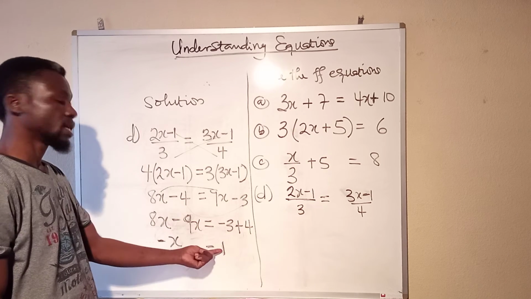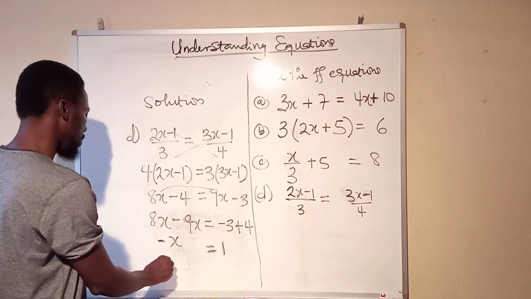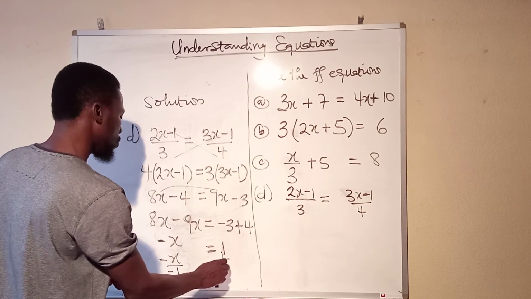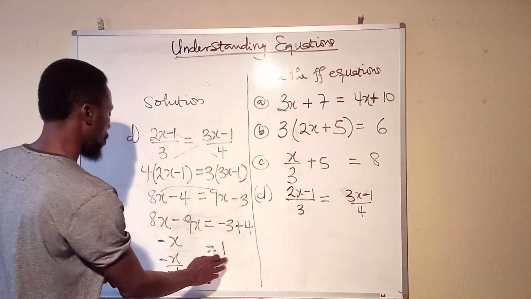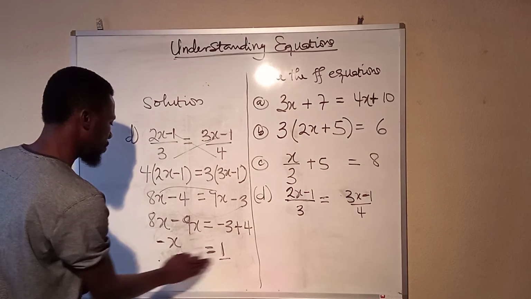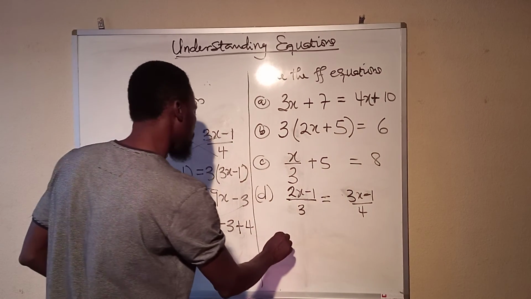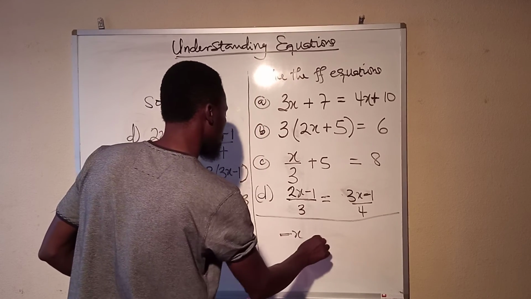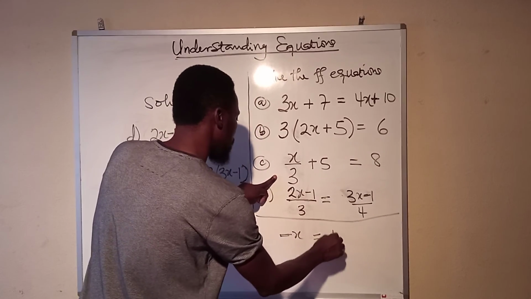So here we shall shift this negative there. So it means that we are going to divide both sides of the equation by negative 1. So let's do that over there. So we have negative, let's draw a line here. Negative x is equal to 1.